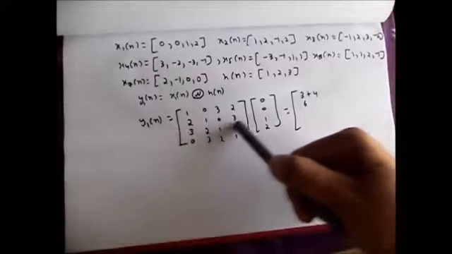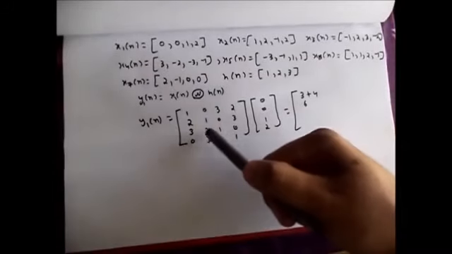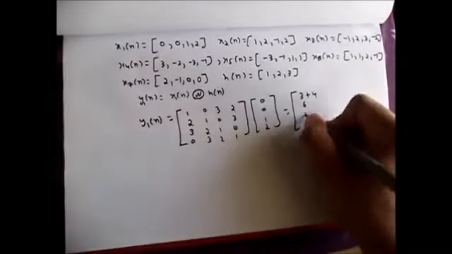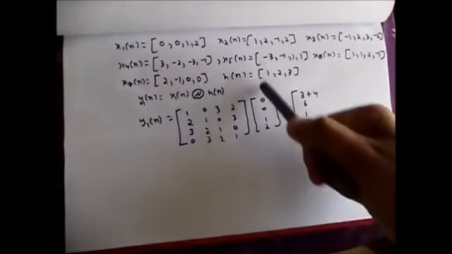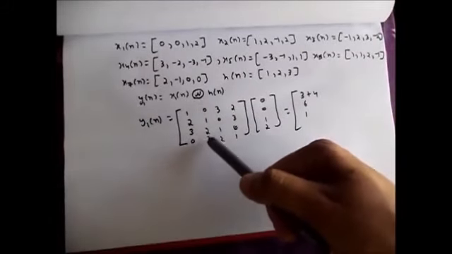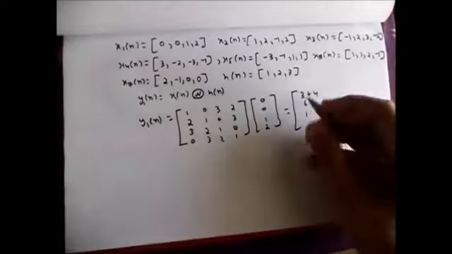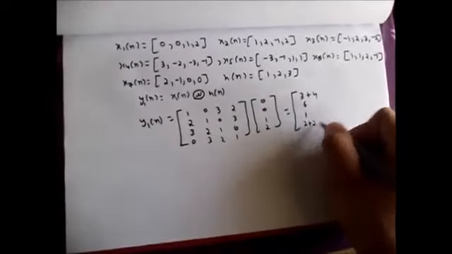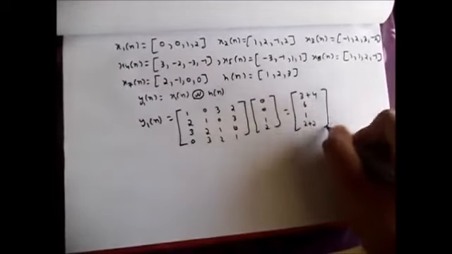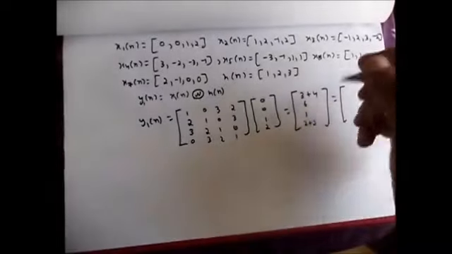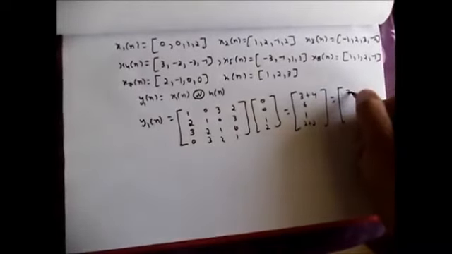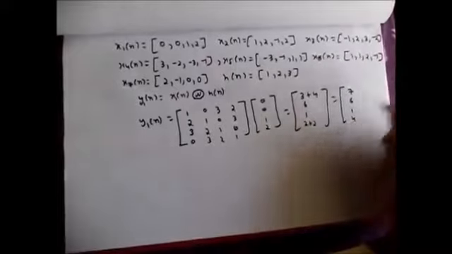If we multiply this row with the column over here, so this turns out to be 1. And if you multiply this row with this column, so this turns out to be 2 and 2. So 2 plus 2. So the value of the first output data block is 7, 6, 1, 4.